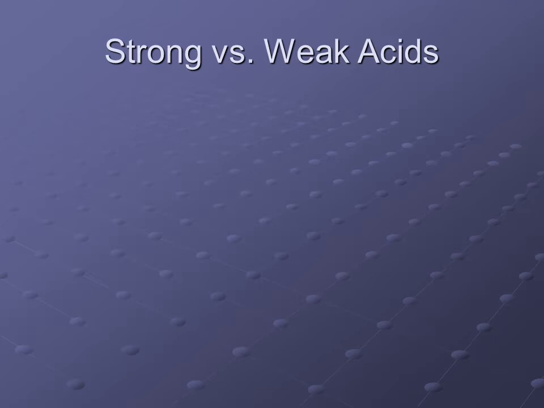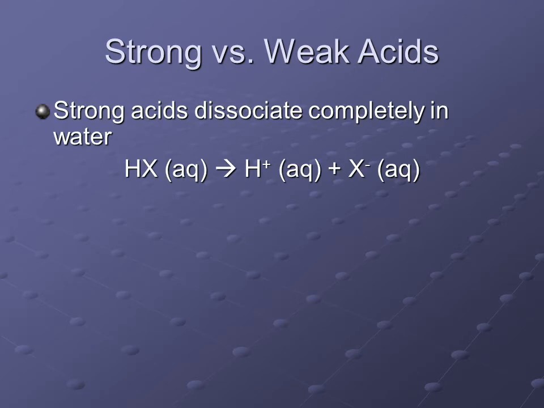Let's talk about acids. Just as there's strong and weak bases, you've got strong and weak acids. Let's talk about strong acids first. Strong acids dissociate completely. So if you start out with a hydrogen ion and some cation, which are the two parts that you need for an acid, that undergoes a one-way reaction to form hydrogen ions and your anion.